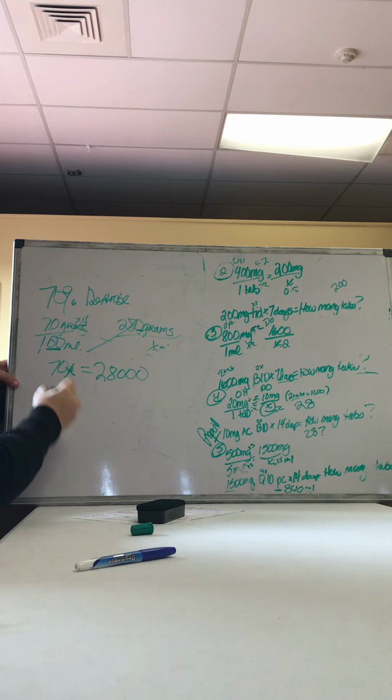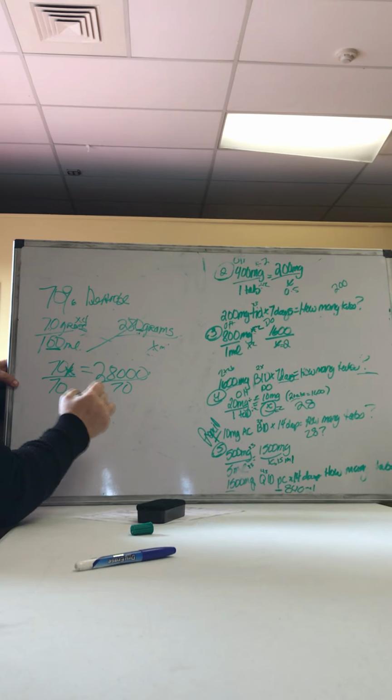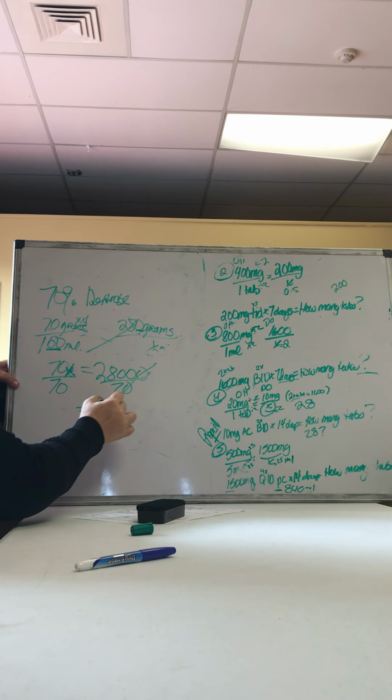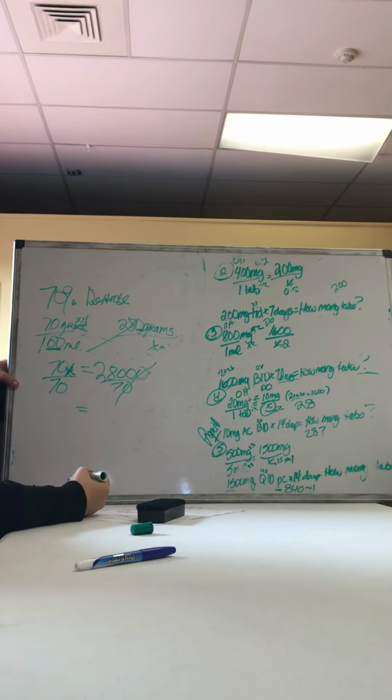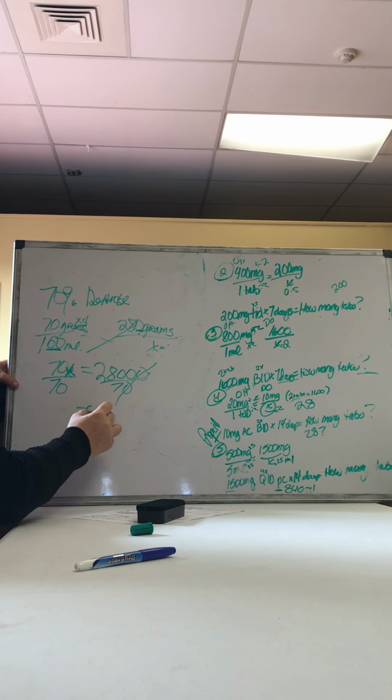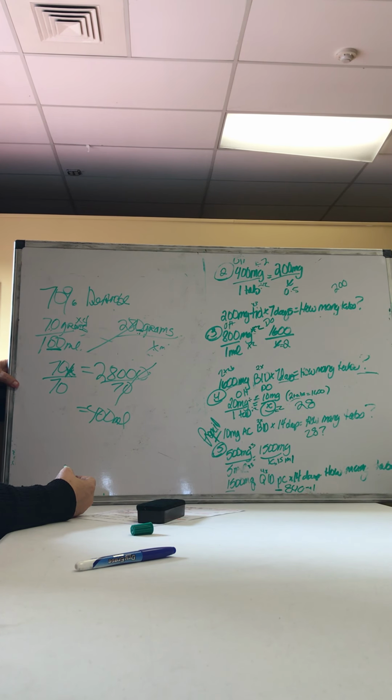So you can do this and then divide by 70 because you have to get the X by itself. Divide by 70, and that gives you what? First you can do that as a problem. So we divide 28,000 by 70, that's 2,800 divided by 7 and 2 zeros. 400. Right. We just did that problem backwards. That's all.